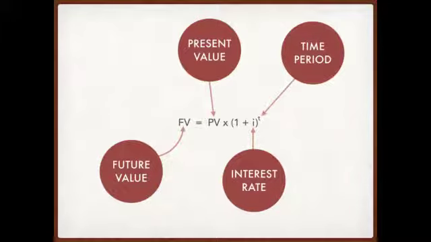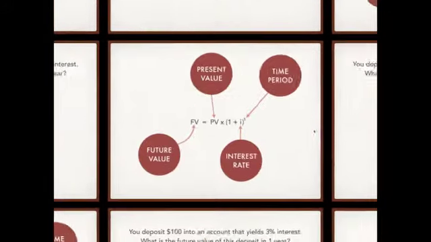And we also need to know how long we're going to be leaving that in the account. So we want to know how many years we're worried about this deposit growing in this particular account. So those are the three components that you need to calculate future value. You need the present value, the interest rate, and the time period that you're going to leave the money in a particular account.